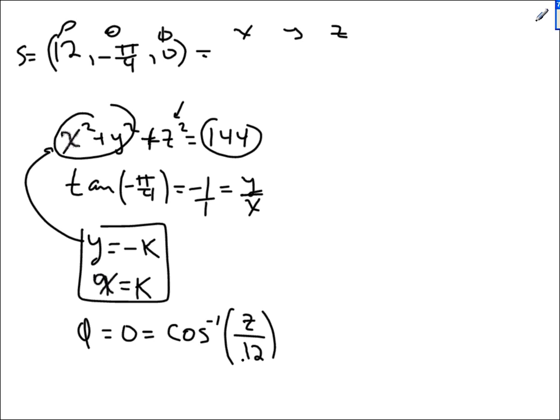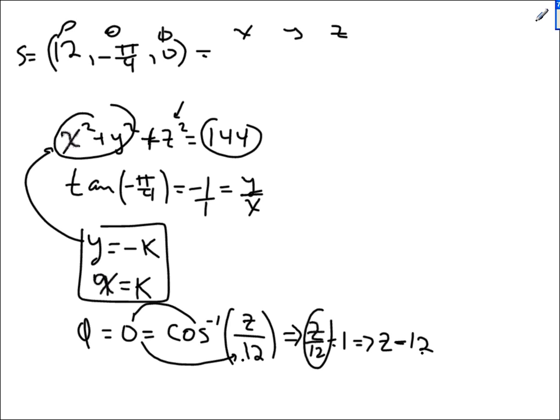Now, the cosine of this angle should be that. The cosine of 0 is 1. This implies that z over 12 is 1, which implies z is 12. 12 over 12 is 1.